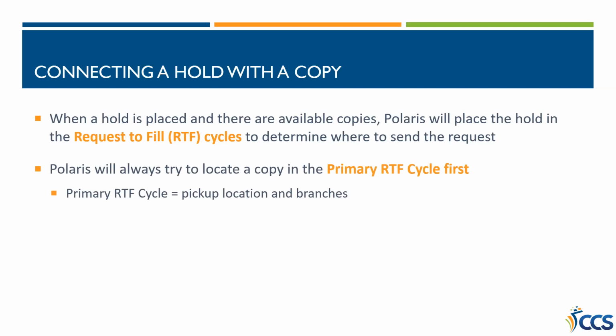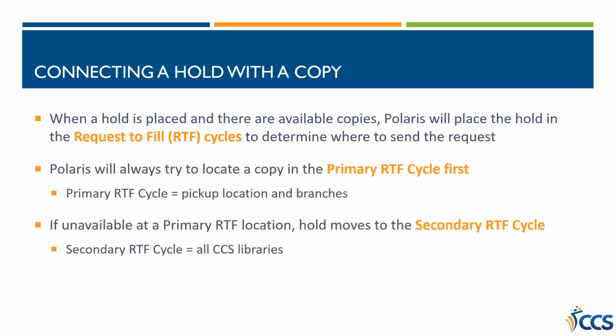It will always try to start out in the primary RTF cycle where it looks for available copy at the pickup location or one of that location's branches. And then if no copies are available at the pickup location or branches, the hold goes into the secondary RTF cycle where it looks for a copy at all other CCS libraries. So requests will cycle around in that secondary RTF until the request is filled.